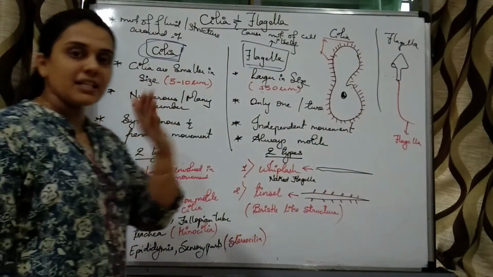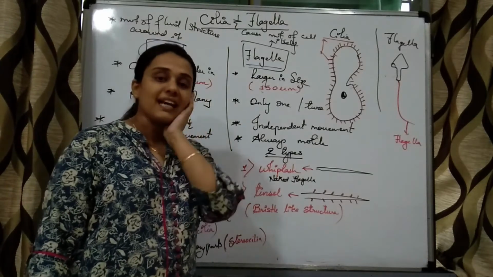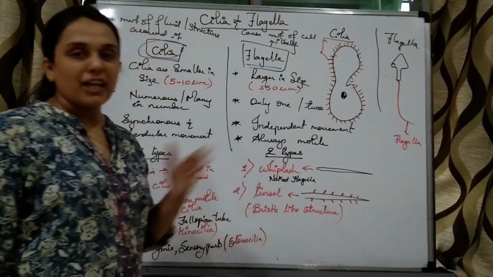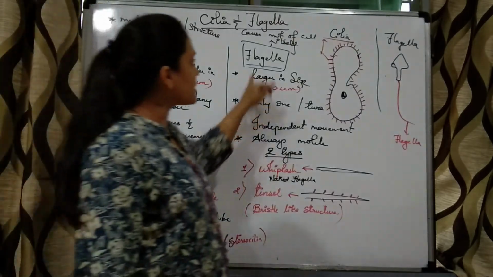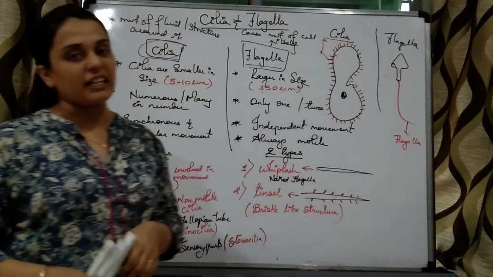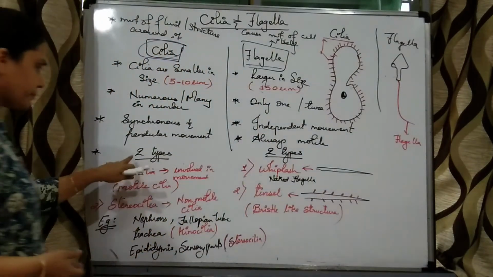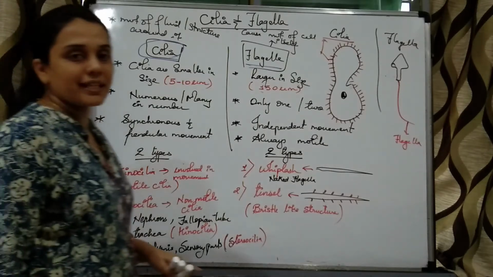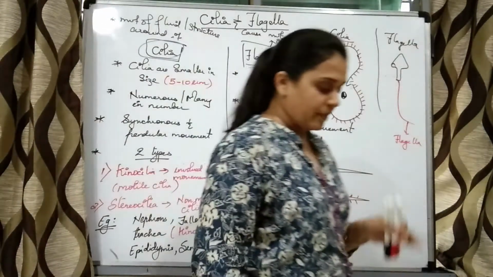The beating of cilia is synchronous and pendular, whereas flagella beat independently. Two types of cilia are there, stereocilia and kinocilia.